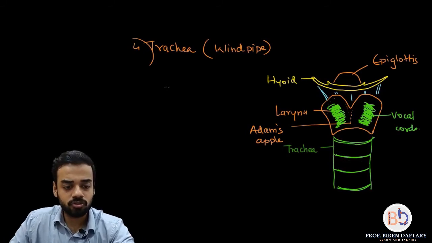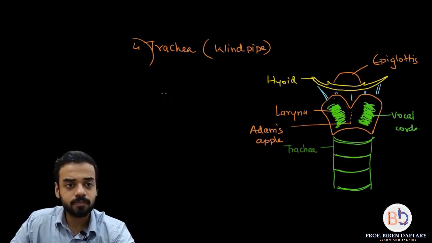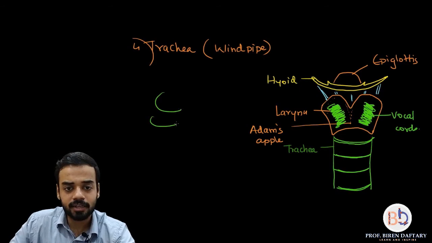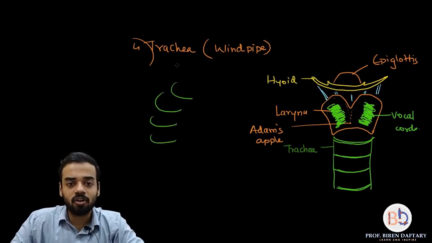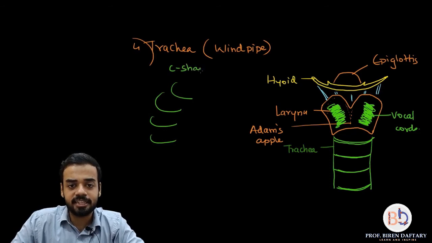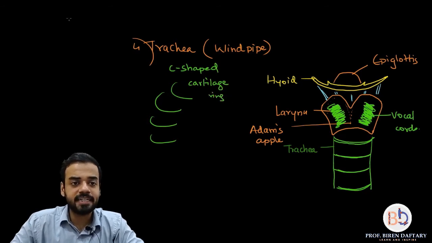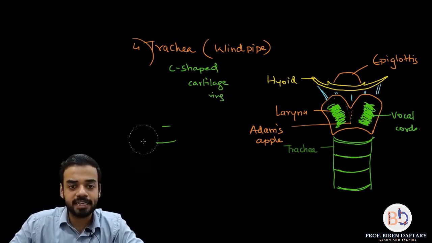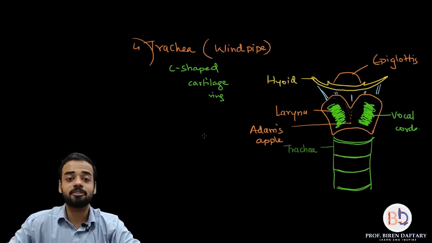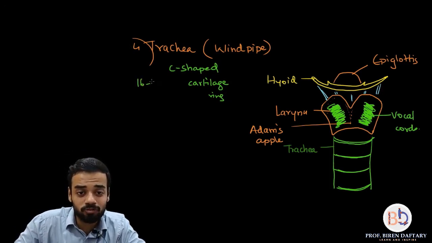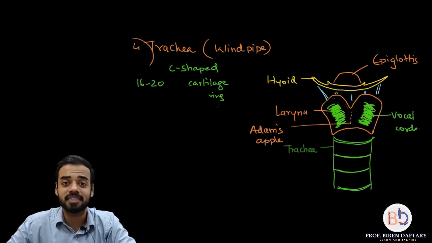So if I show you from a side angle, then the trachea is made up of rings like this, and these are basically called C-shaped cartilage rings. Okay, so the entire windpipe is made up of 16 to 20 such C-shaped cartilage rings.